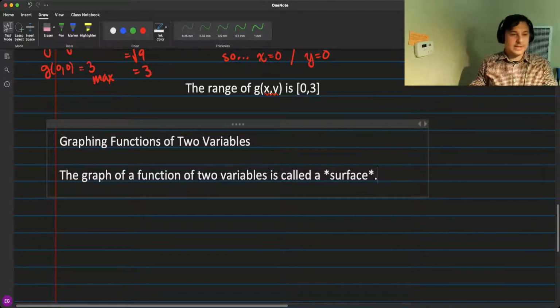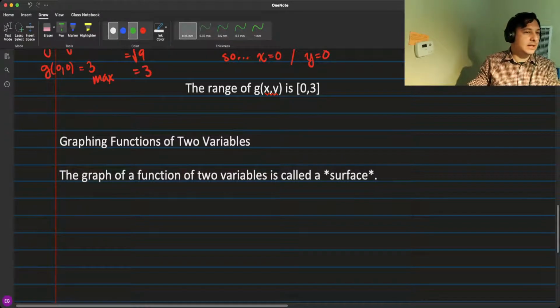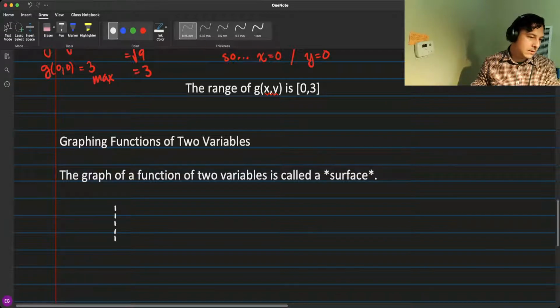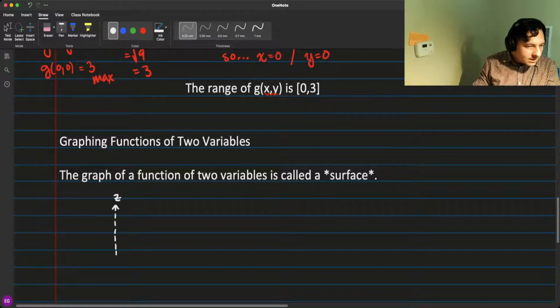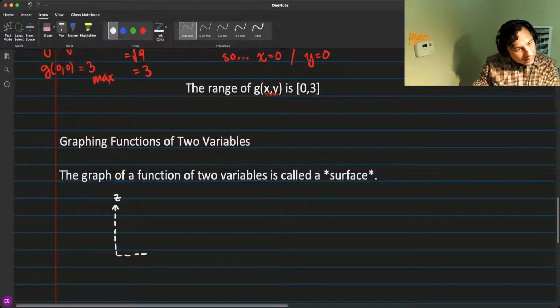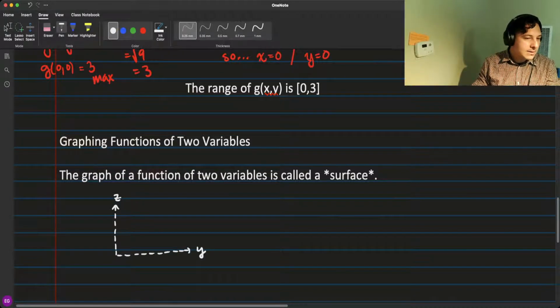Okay, and the way it works is like this. So let's set up our axes here. Here's our z-axis. Here's our y-axis.